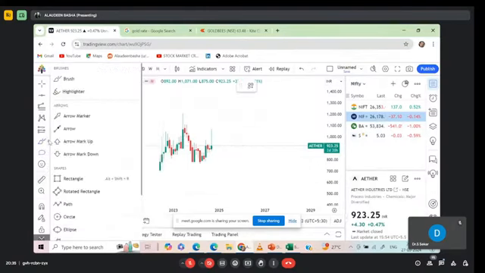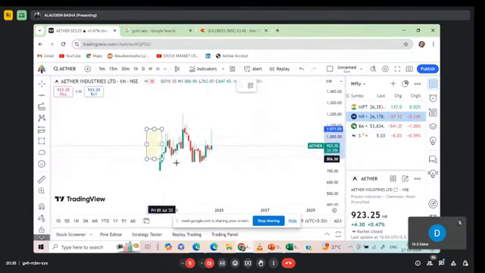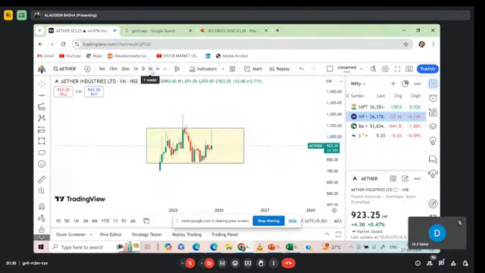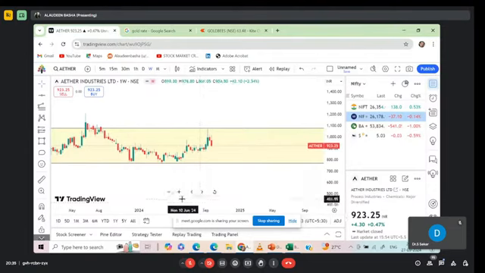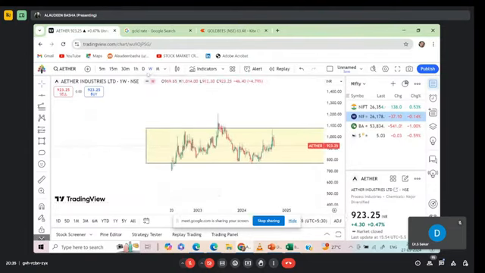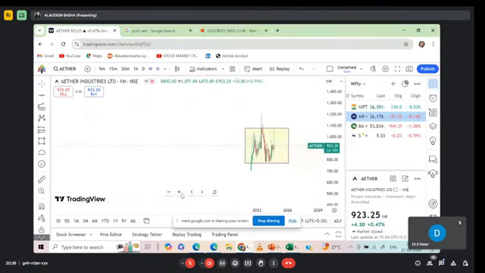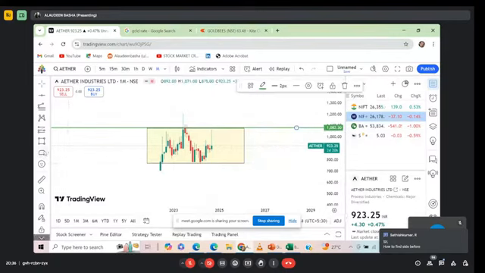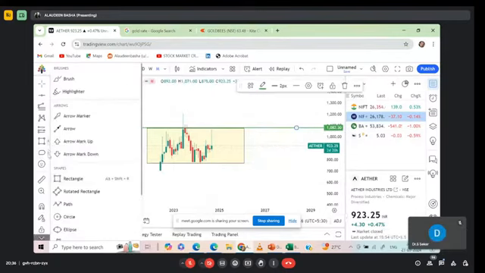So try to avoid this stock, or just wait for the retracement. Just see this monthly chart. It's clearly sideways. You can convert it to weekly. It's clearly sideways. So you just wait for a breakout. If you want to invest in this company, wait for a monthly breakout above 1082. Above 1082, you think about buying it.